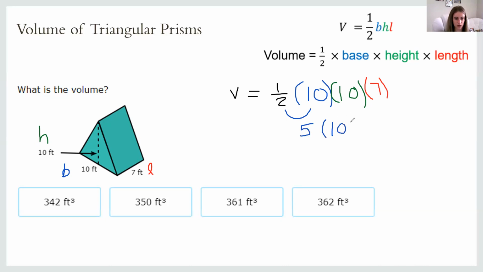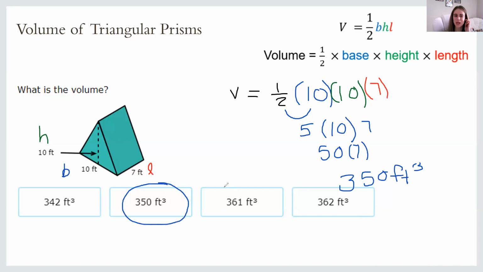Then we're left with 5 times 10 times 7. 5 times 10 would be 50. And then we have 50 times 7, which is 350 feet cubed. So your numbers may get a little large with volume, but that's okay. You can do it. And looky there, that is an answer choice. Perfect.